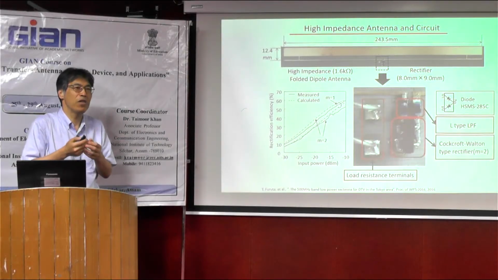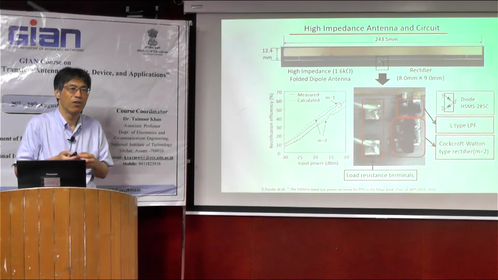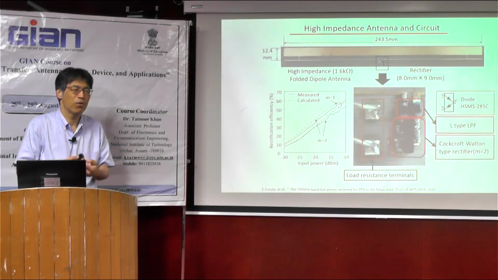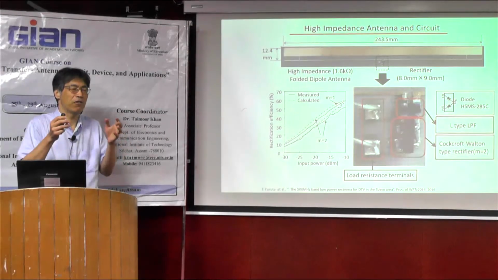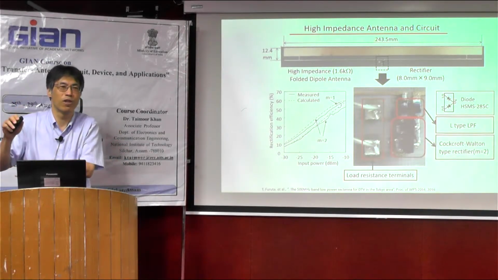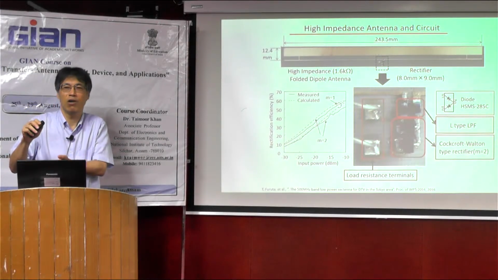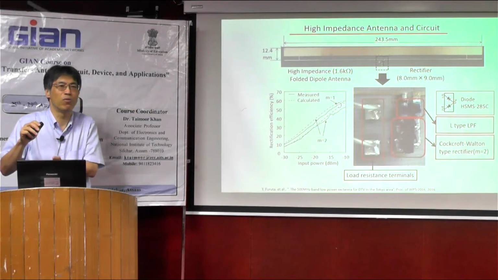But as I mentioned in the previous talk, we cannot choose the user. The user requests us. So in the paper, it's easy to measure the RF conversion efficiency with a few kilo ohm load. But sometimes the user load is only a few hundred ohms, or only a few dozen ohms.